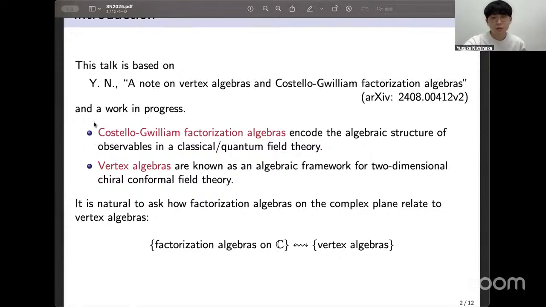Costello-Gwilliam factorization algebra encodes the algebraic structure of observables in field theory, and vertex algebras are known as an algebraic framework for two-dimensional conformal field theory. And two-dimensional conformal field theory is a kind of quantum field theory, so we expect a natural relationship between factorization algebras on the complex plane and vertex algebras.